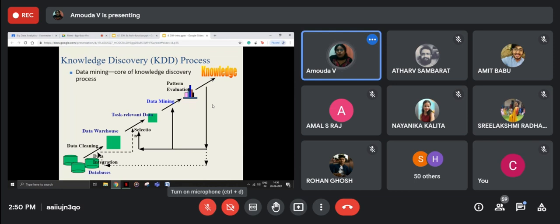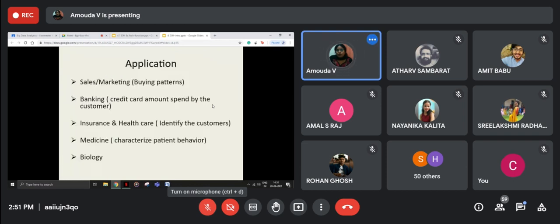This is the very famous picture, the same thing given in a different format. I have taken everything for you, that's all. Now we have come to the conclusion of what data mining is, and we have already seen its applications.